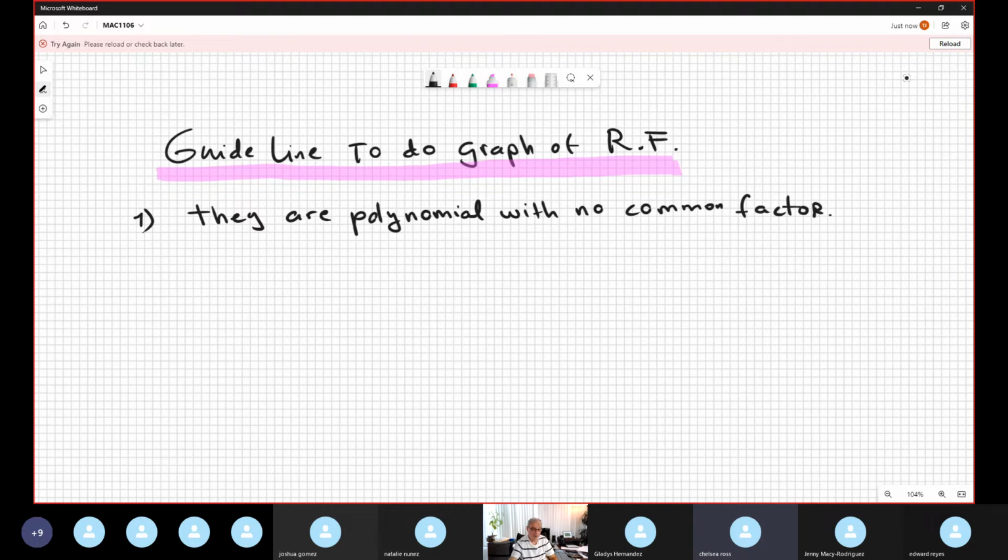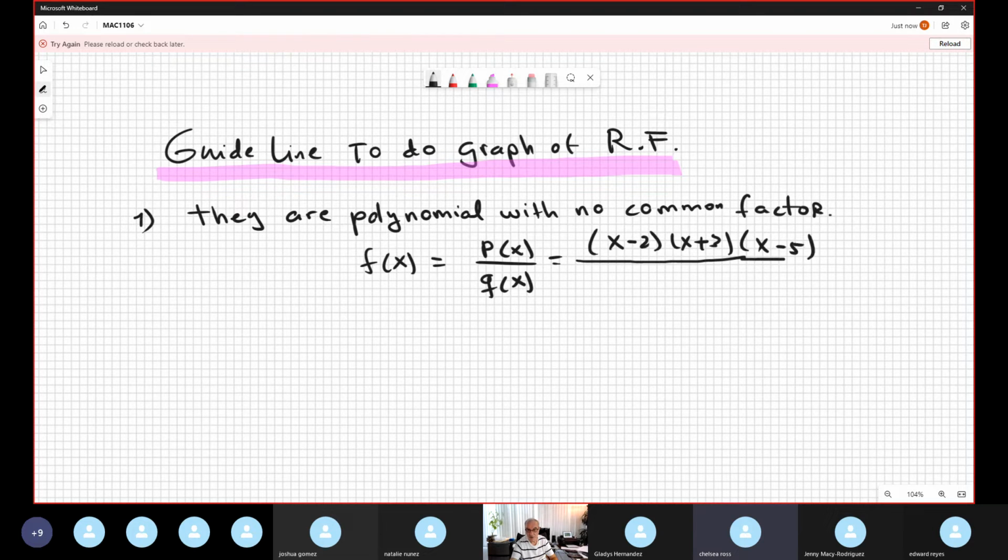Well, the thing is clear. You take the function f of x equals p of x divided by q of x, and you factorize. The first thing you should do is factorization. Suppose we have x minus 2, x plus 3, and x minus 5 on the top.